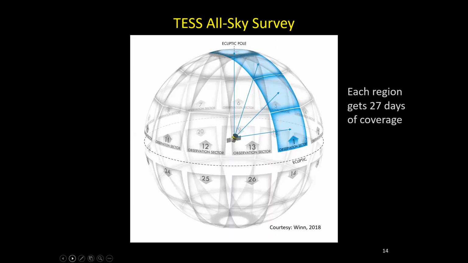TESS is now in its 4th year, so it's actually done this twice. So it has now surveyed the entire celestial sphere, with the exception of a small swatch in the middle. It's been able to do that twice now, which means it's been able to revisit some of the exoplanets that it originally had observed.